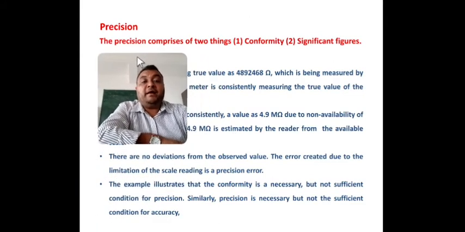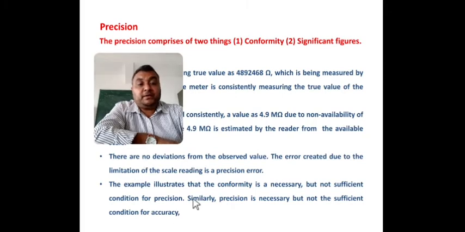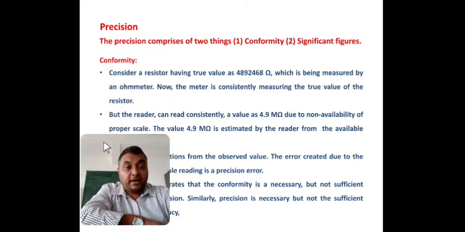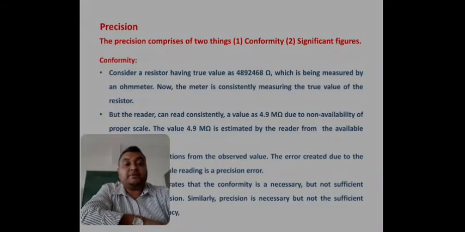One more point is that conformity is necessary but not a sufficient condition for precision. Similarly, precision is necessary but not a sufficient condition for accuracy. From this you can also see what precision is, what accuracy is, and the difference between them, which you can derive from those definitions.